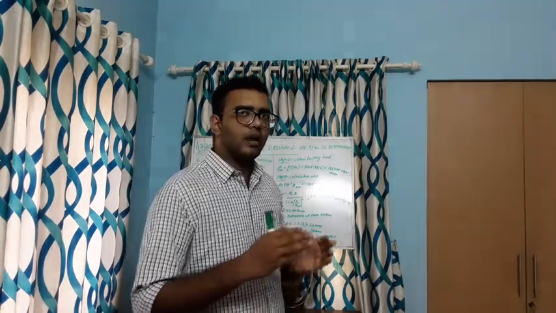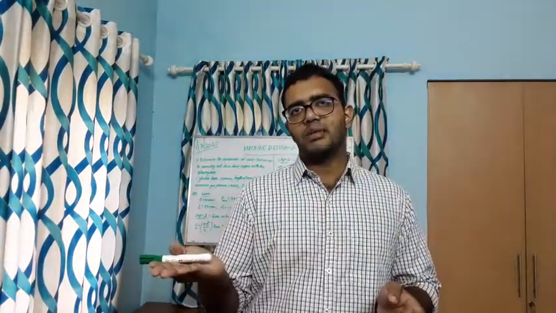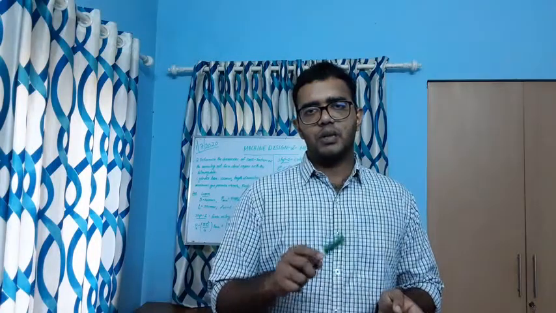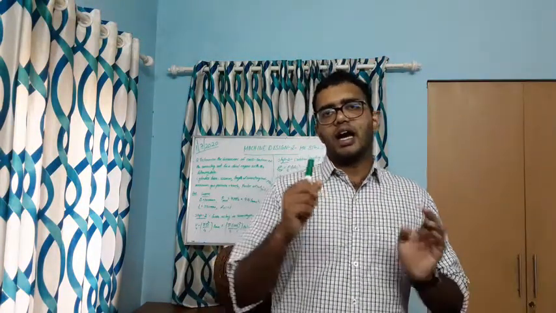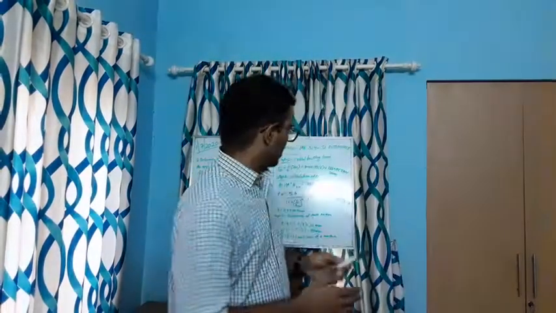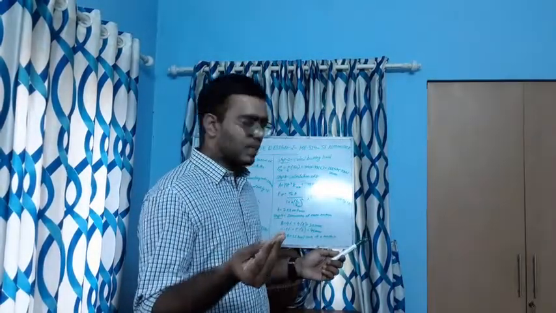This quadratic equation we solve using the simple mathematical formula, minus b plus or minus root b square minus 4ac, by 2a, by substituting in that basic equation.